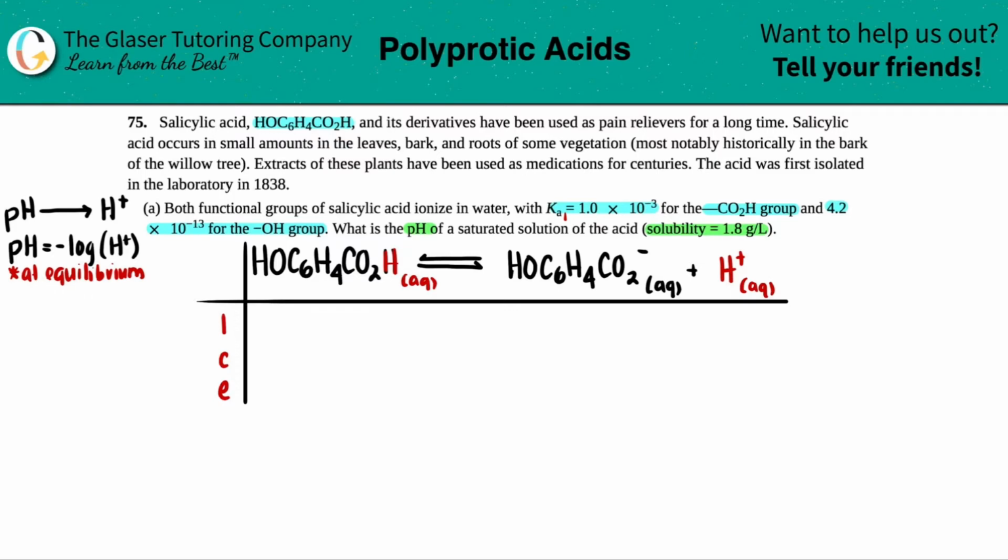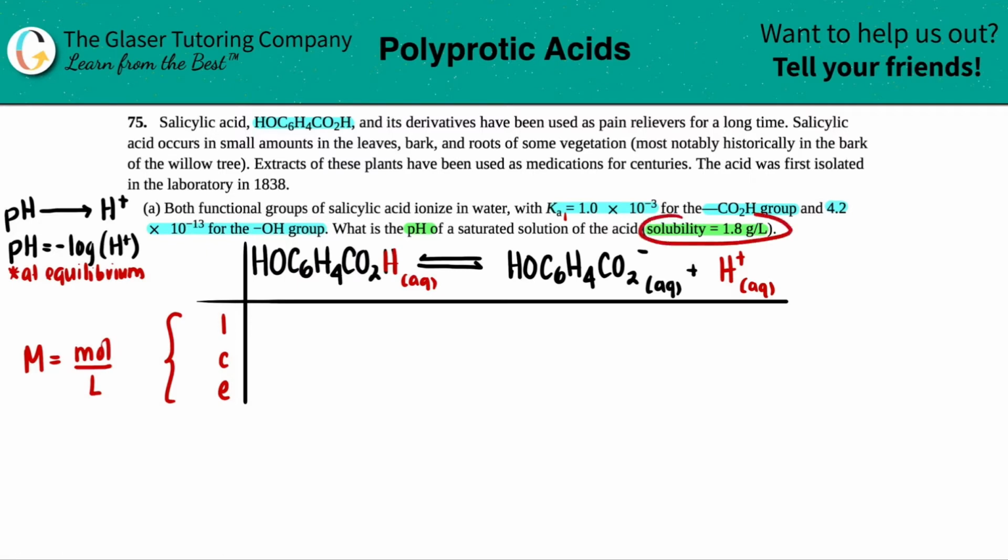And usually they would tell us what we're starting with here. But the only thing that they said was that it was a saturated solution of the acid. So in this case, we only have the salicylic acid. Acid goes with acid. So I only have an initial of my salicylic acid. But remember, if we're using this ICE table, it has to be in molarity. And remember, molarity is just moles divided by liters.